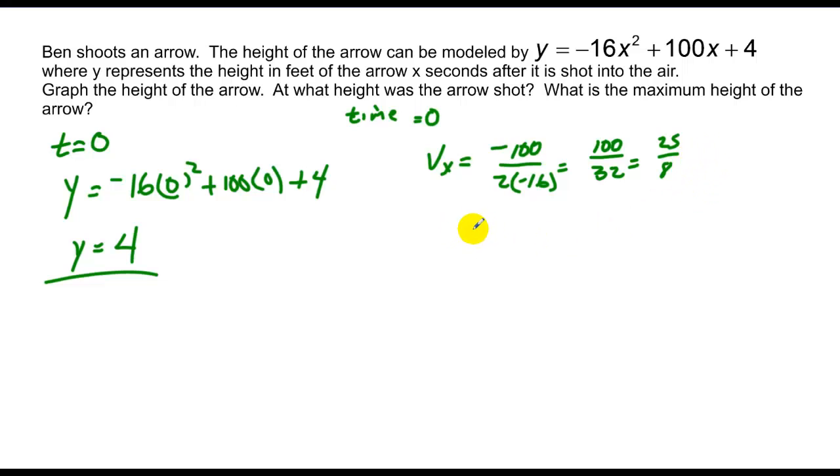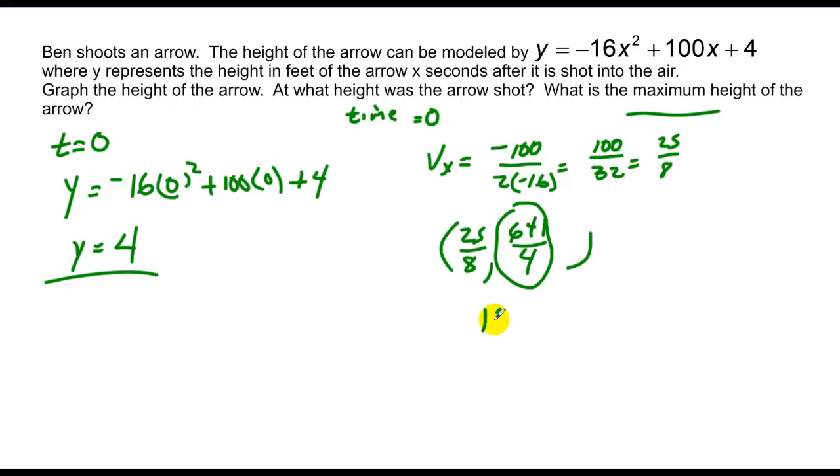So 25 over 8 is our x value, and then I'd have to plug 25 over 8 back in, and after getting on the calculator, I get 641 over 4. They want to know the maximum height, which is our y value. So that's 641 over 4, which ends up being about 160.25 feet.